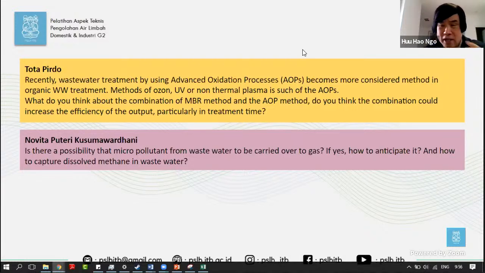And then, just think about nitrous oxide, for example. Nitrous oxide in the wastewater together with methane, and what is their chemical or biochemical reaction to make them release nitrogen and carbon dioxide?